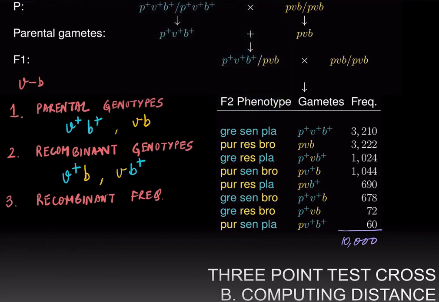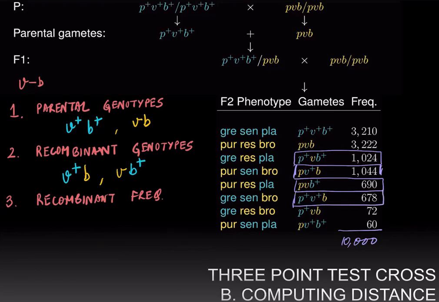The third step is we can go in this table and identify wherever we see a recombinant genotype for VB, which is V plus B or VB plus, and we have VB plus over here. We also have a VB plus over here. And then we have to hunt for V plus B, and they can be found here and here.